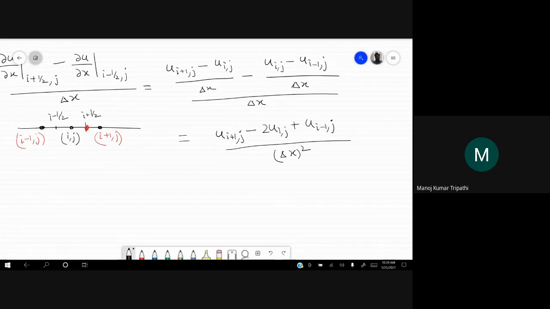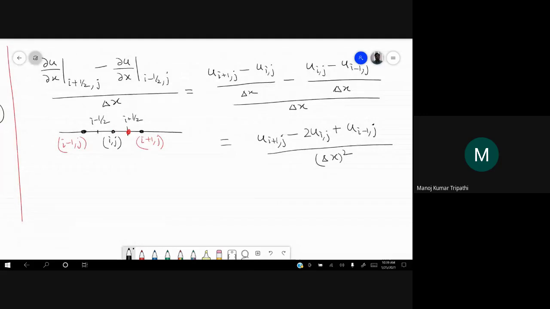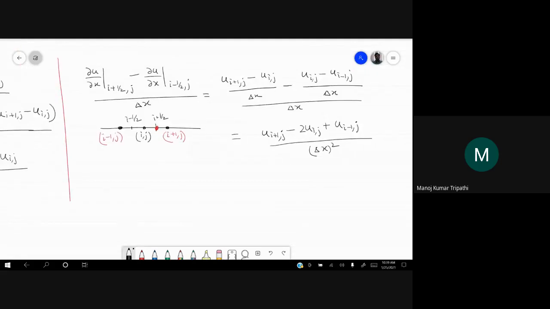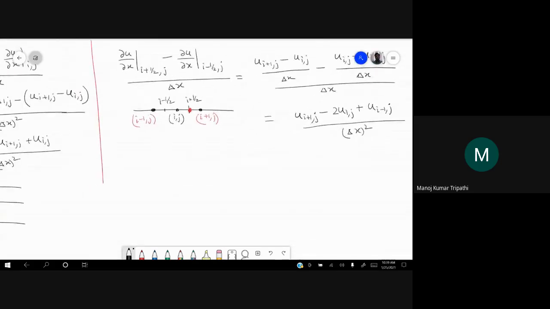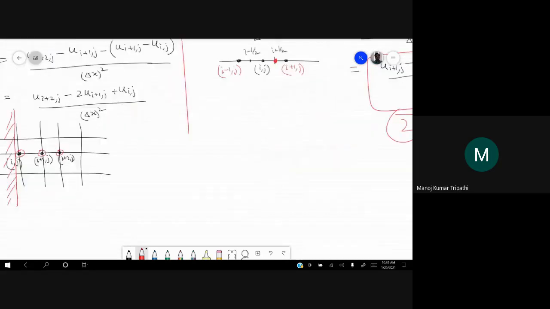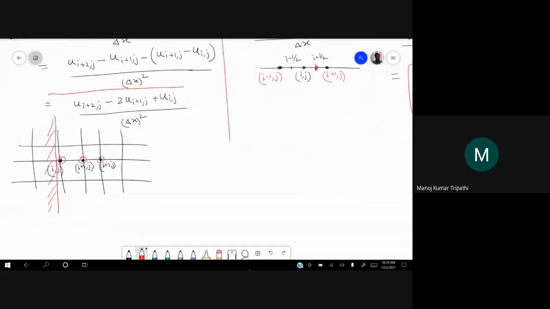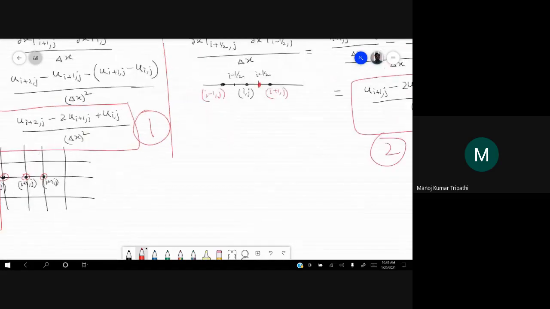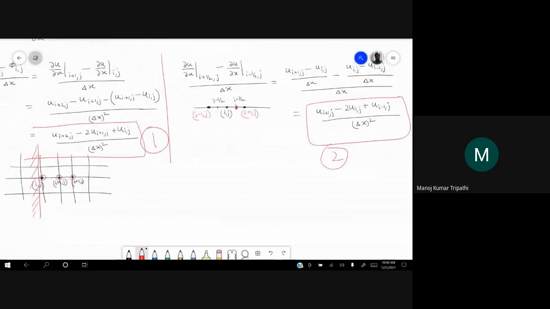This is another formula where we are using the 2 points neighboring this ij. But there is a big difference between the two formulas that we have derived. Let's call this 2 and this is 1. What is the difference between these two? In the first one, we have used forward differences, where the order of error is order delta x.